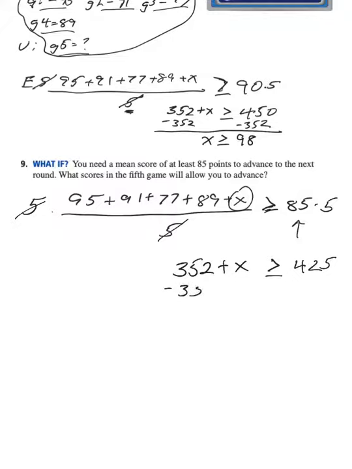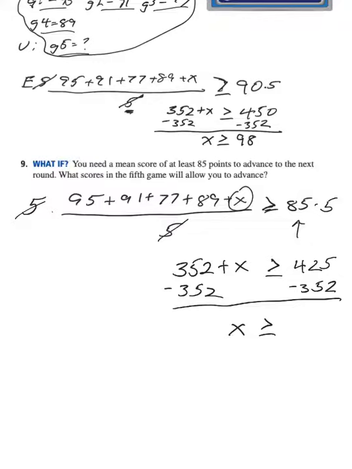Subtract the 352 from both sides, and in this case, your x value, or your score on the game, needs to be at least, let me see. I want to say 87, but that doesn't look right.